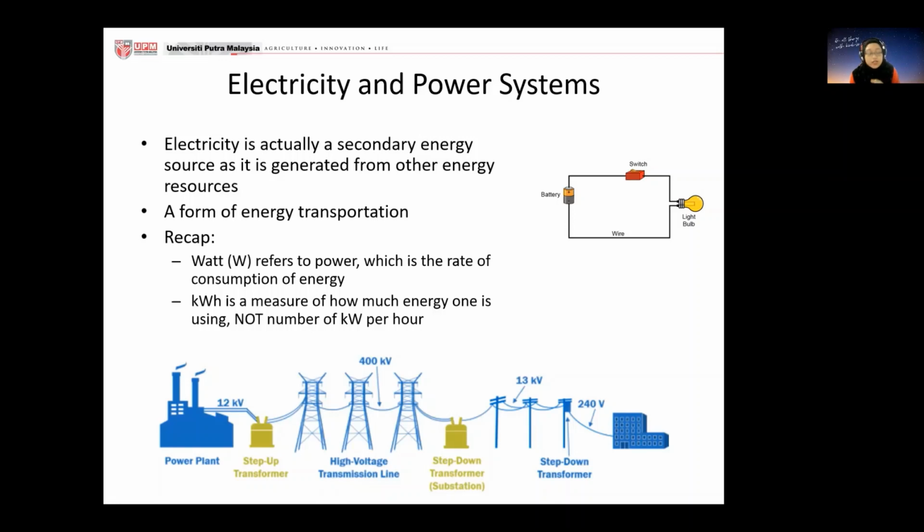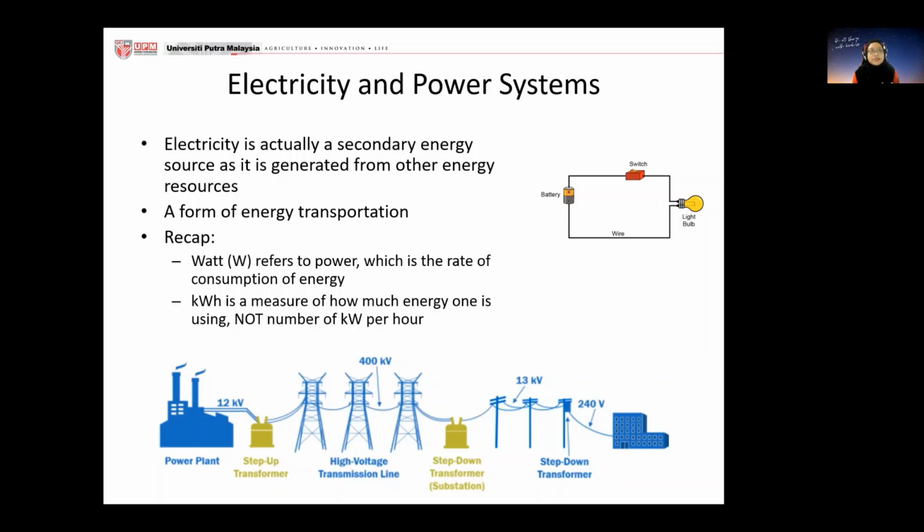If you have hydropower, for example, it's generated from gravitational potential energy, which is transformed into electricity through turbines and generators. Then you have it in the form of electricity. It goes through the transmission and distribution lines, and it reaches your house.